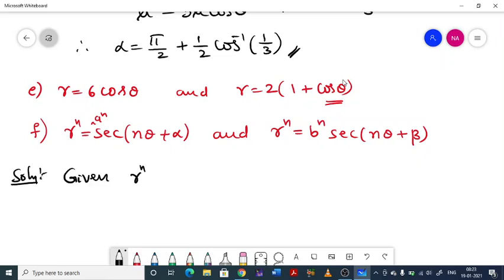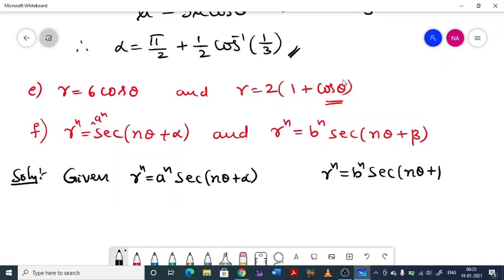R power n equal to A power n secant of n theta plus alpha, and similarly R power n equal to B power n secant of n theta plus beta.